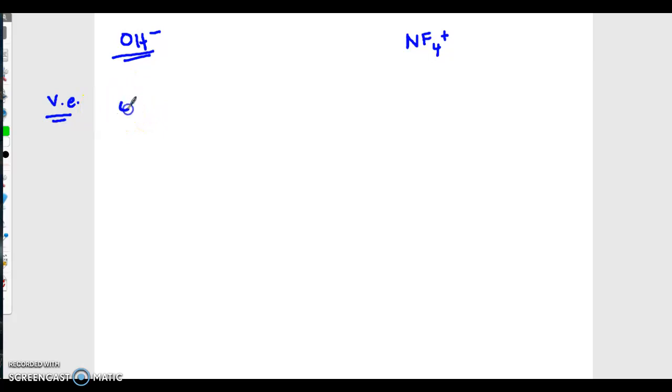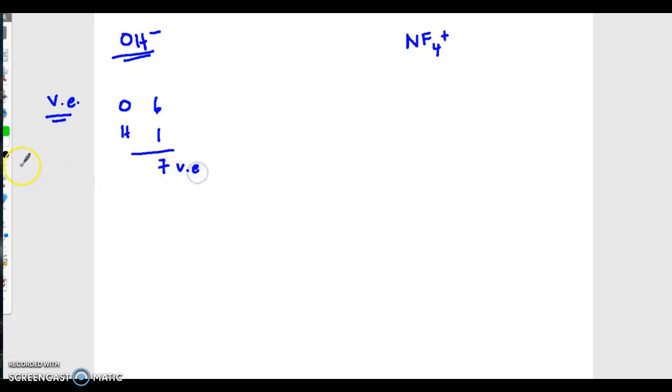So I've got one oxygen and one hydrogen here. I know an oxygen brings 6 valence electrons with it, and a hydrogen brings 1. So in this structure, with one oxygen and one hydrogen, there are a total of 7 valence electrons.